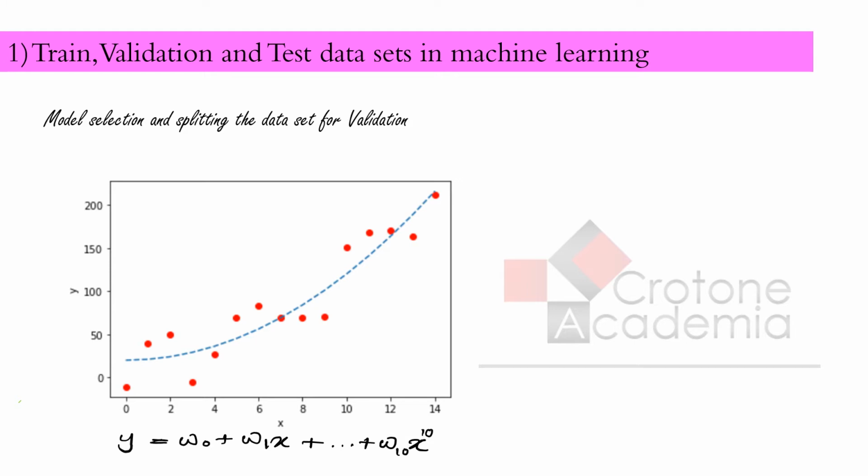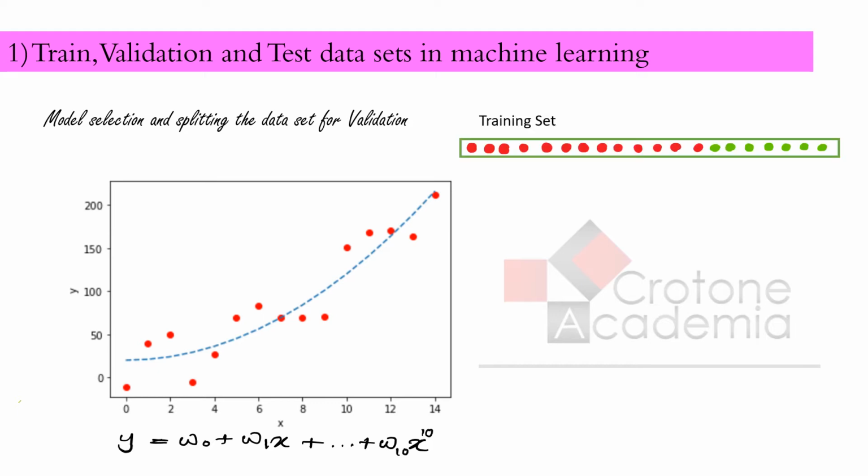To avoid the problem we faced earlier, let's do a slight modification. Let's take the same 10th degree polynomial we used earlier, but this time let's divide the dataset into two parts. Let's call the first part the training set and the second part the validation set. When we are fitting the model, let's use those data points in the training set and keep the validation set aside.